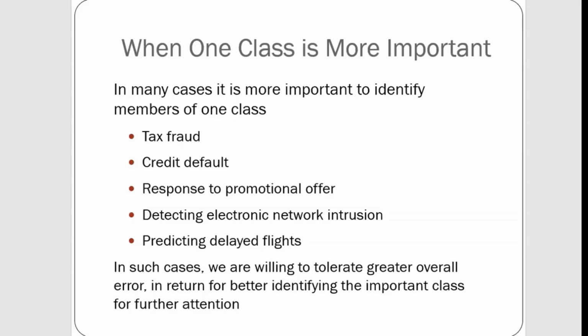If we are seeing various signals and want to detect a network intrusion, or predict delayed flights, in all these cases, taken from different business settings, the interest lies in correctly identifying class 1 rather than class 0. So in these cases, the idea of lift or lift chart becomes very important.